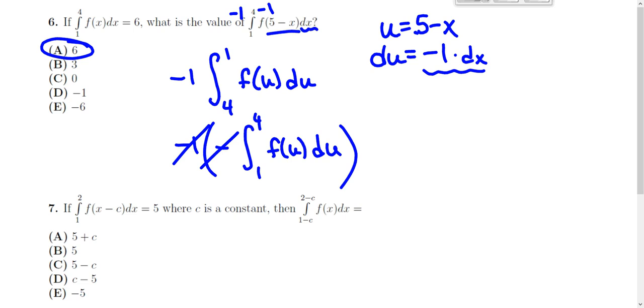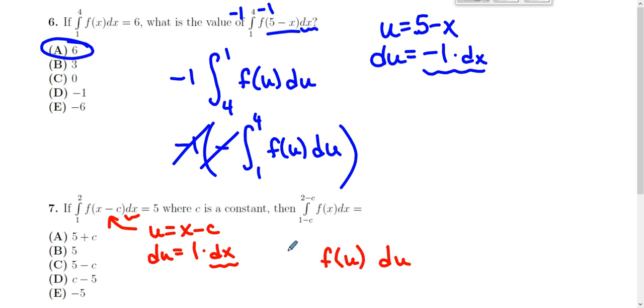Okay, last one. This is a curious way to write things. So I'm going to do the u substitution here. I'm going to let u be x minus c. The derivative of x is 1. And so dx can be replaced by du. F of x minus c, that's just f of u.